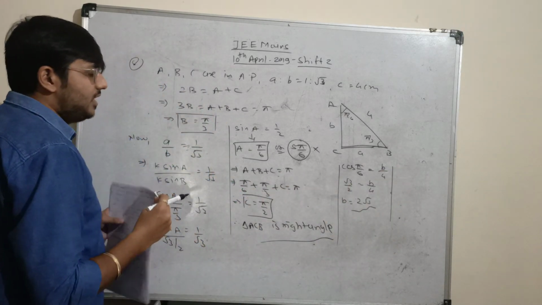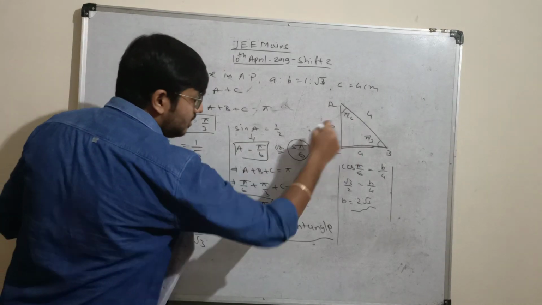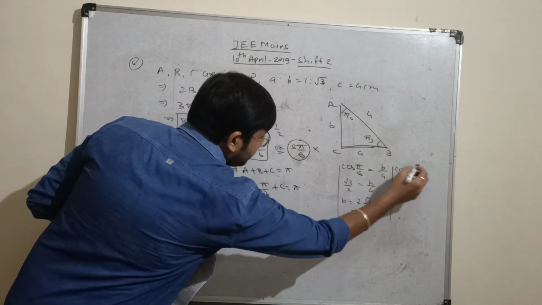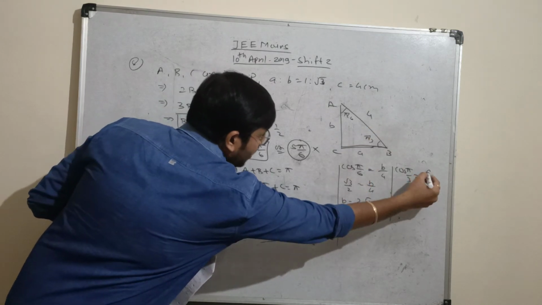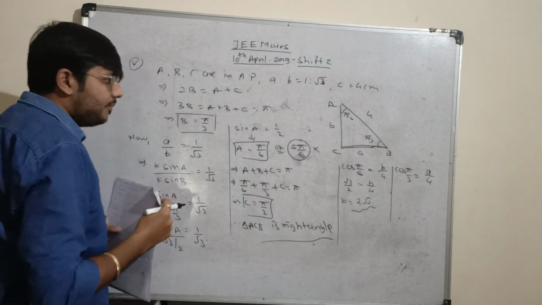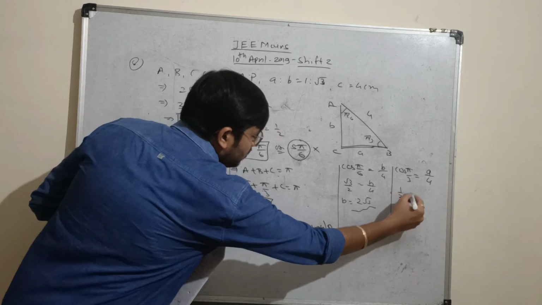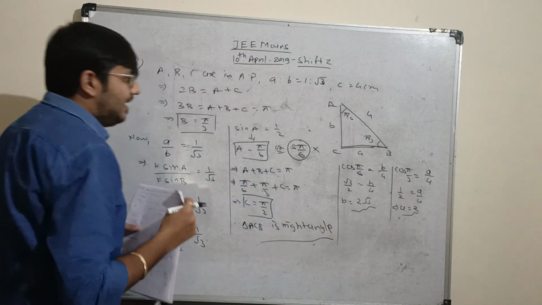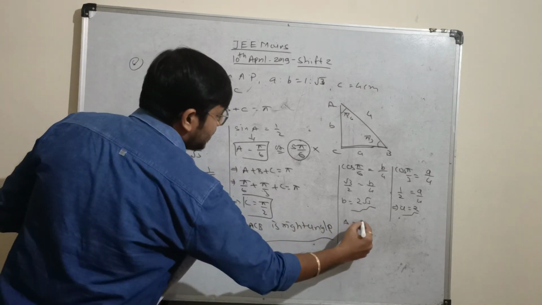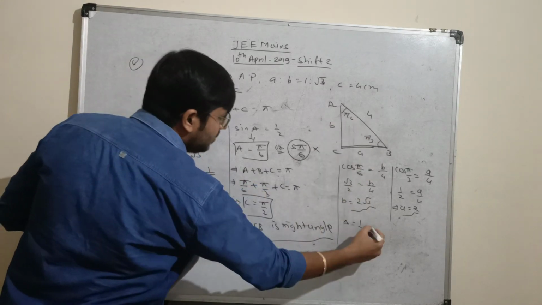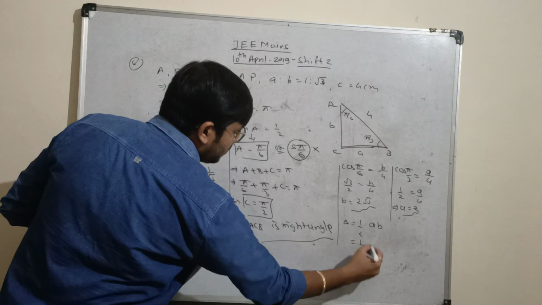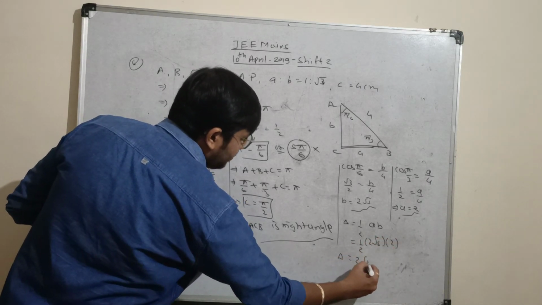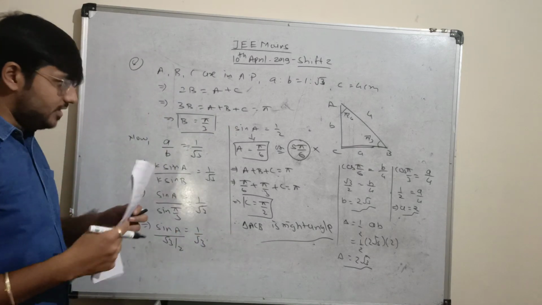Similarly, if I go with cos pi by 3, that is adjacent side upon hypotenuse, a by 4. So 1 by 2 equals a by 4. So a equals 2. And the area of the triangle is half into base into altitude, that is half a b. So half into 2 root 3 into 2. So the area of the triangle will be 2 root 3. That is your answer.